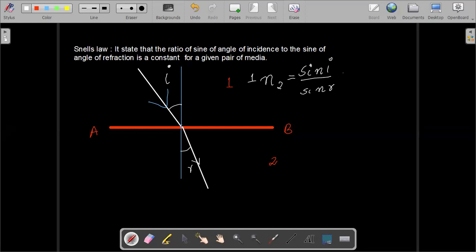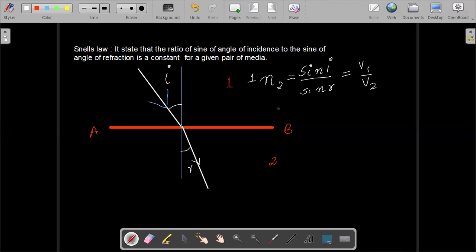And since refractive index is also given by the formula v1 by v2, where v1 is the speed of light in medium 1 and v2 is the speed of light in medium 2, you can say that the refractive index of medium 2 with respect to 1 is equal to sin i by sin r.